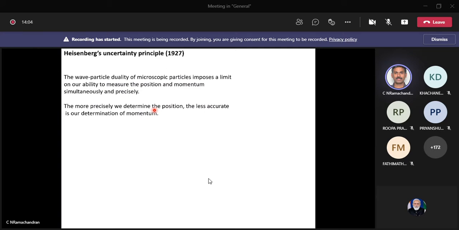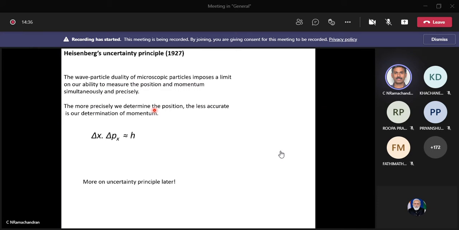If you want to detect it, you have to disturb it, and when you disturb it, that will have its own effect. The more precisely we determine the position, the less accurate is our determination of momentum. Or if you look at its momentum, then it will affect its position, and vice versa. This is expressed in terms of an equation: delta x times delta px is of the order of Planck's constant.